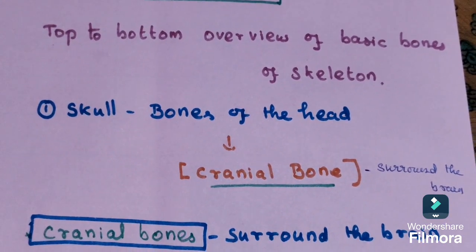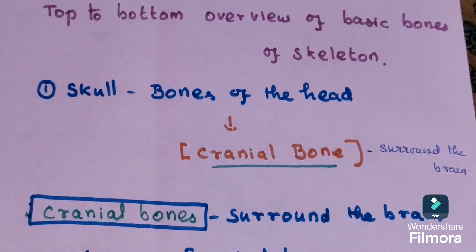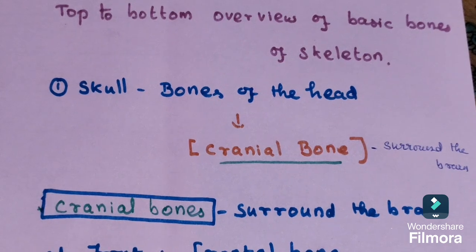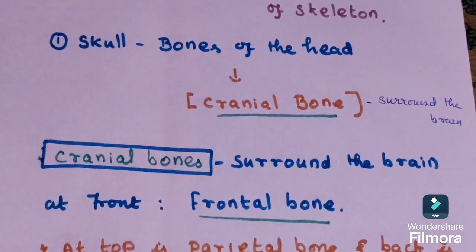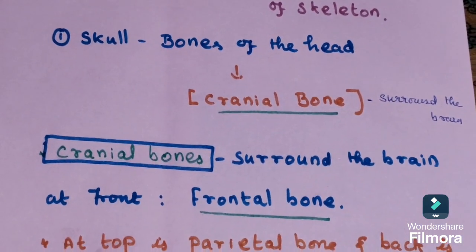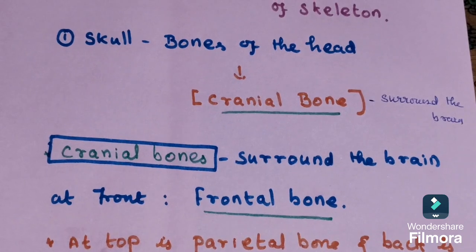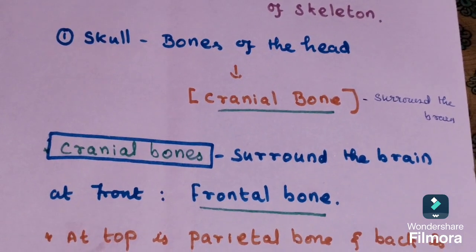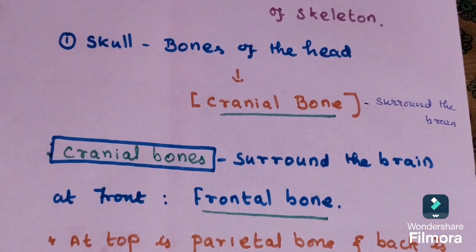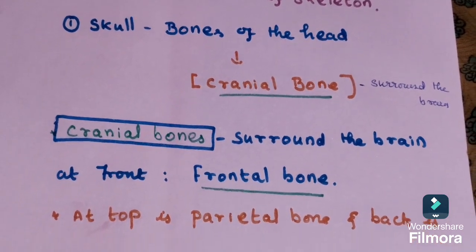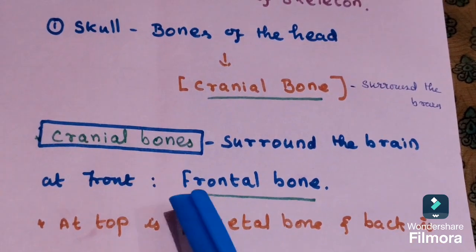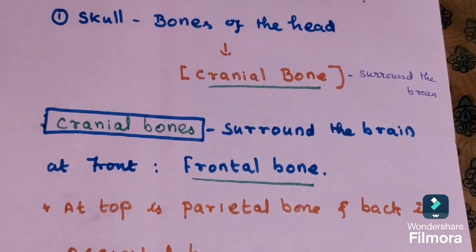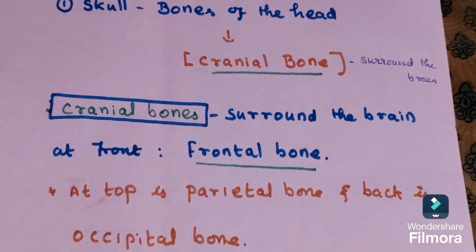Let's start by looking at the skull. The skull consists of bones of the head. The cranial bone surrounding the brain at the front is the frontal bone.